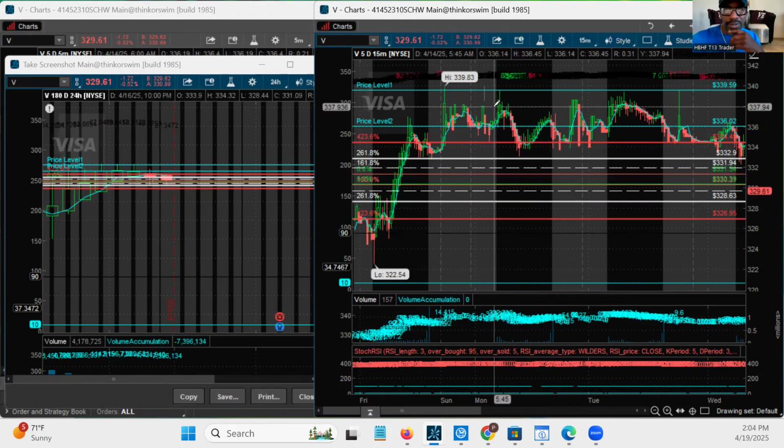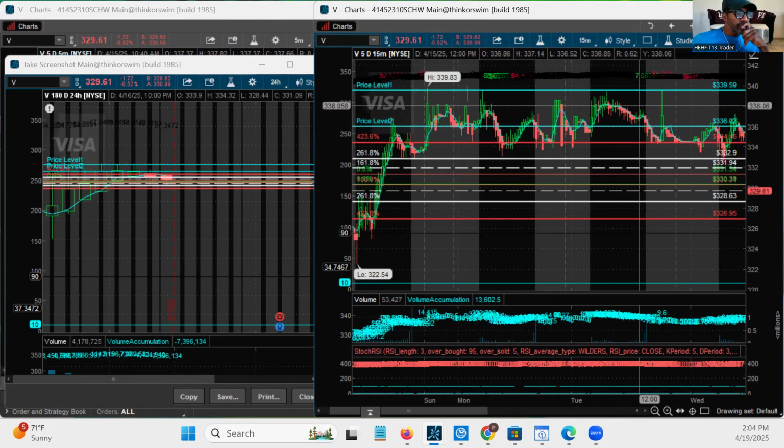Sorry about that, my little puppy's in there. We're looking for it to establish a strong candle to break out above this. That means it's establishing higher highs.